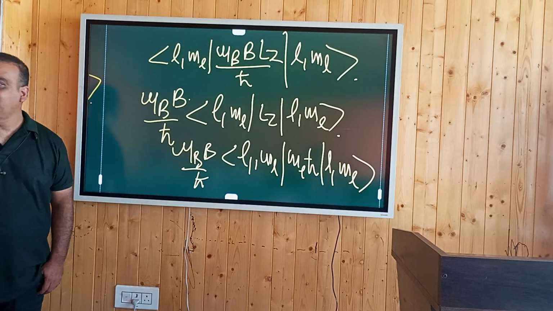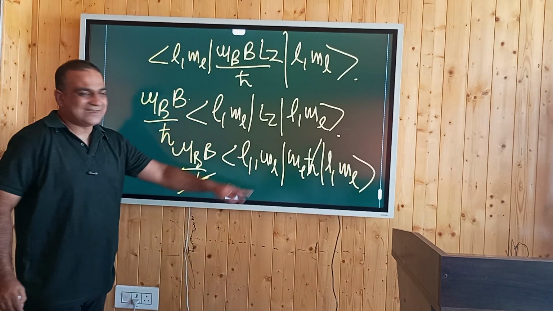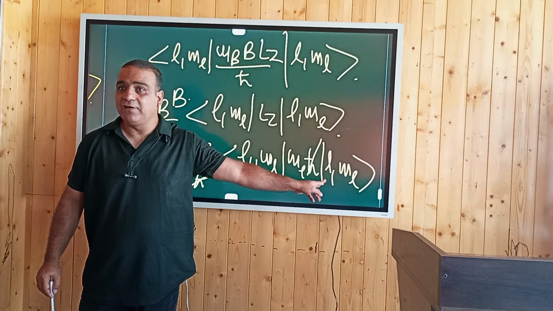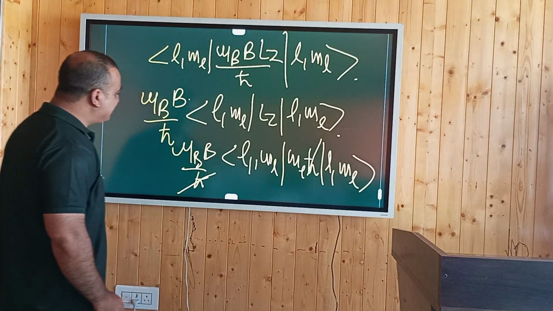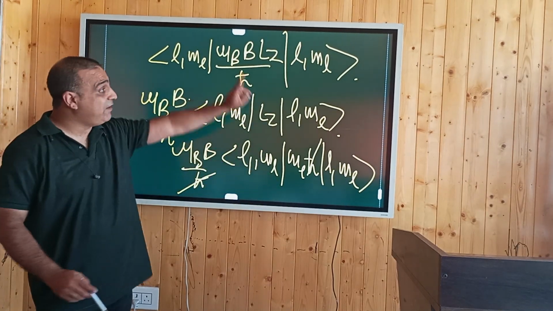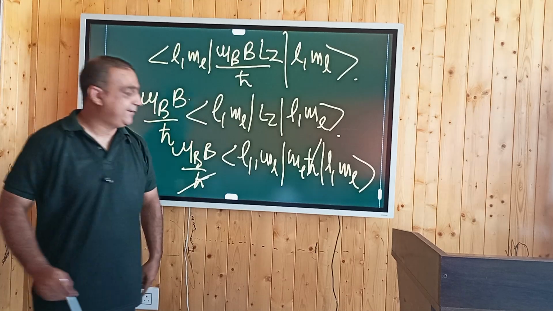Am I right? You can see this H bar and H bar will go. This ML is a constant, right? This ML will come out. So if this comes out, it has three values. ML has three values: 1, 0, and -1.